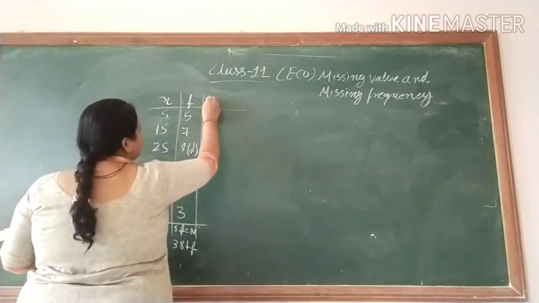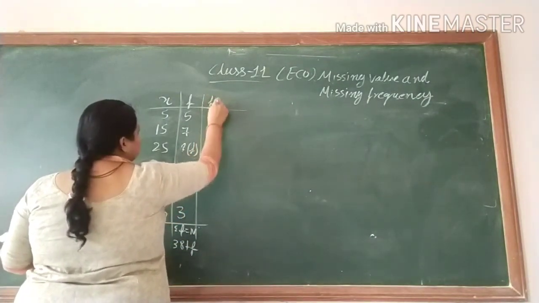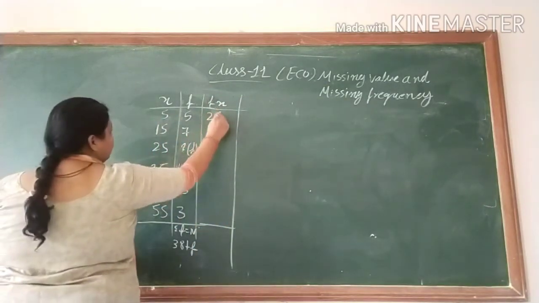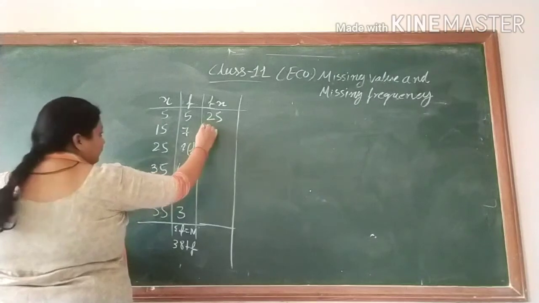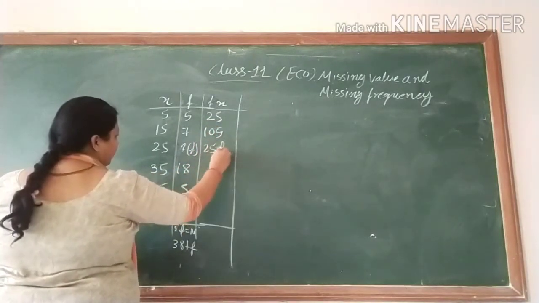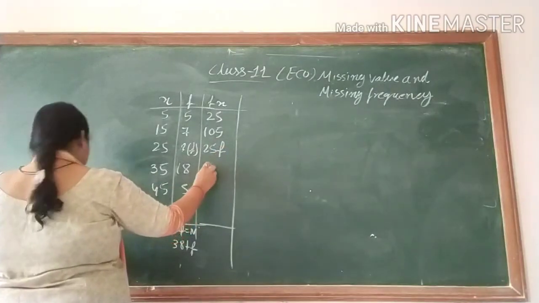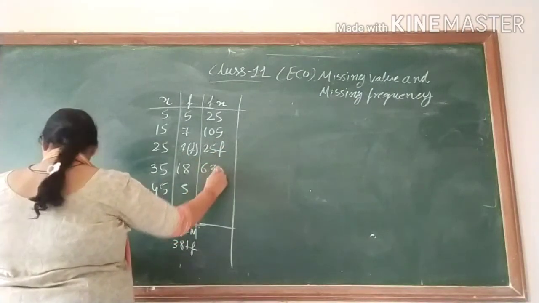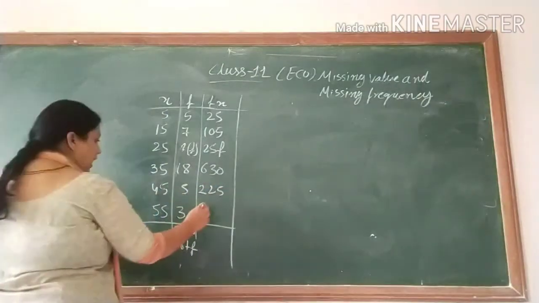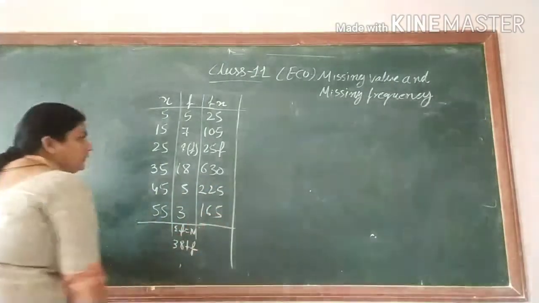Now you need fx. Just multiply all these things. 25, 105, then 25f, then 630, then 225. Just multiply all these things and 165. Clear?